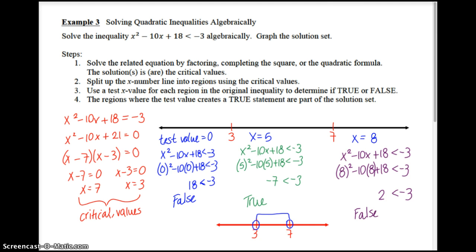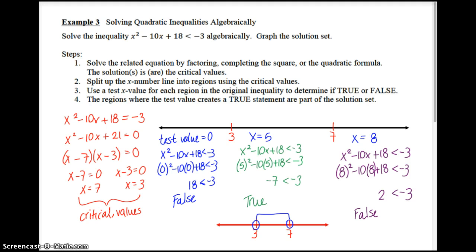Okay, so now that you've turned the video back on, you can see that the region that we have a true is the area between 3 and 7. We look at the inequality, and the inequality does not have the or equal to. So what we're going to do is have open circles on our number line.